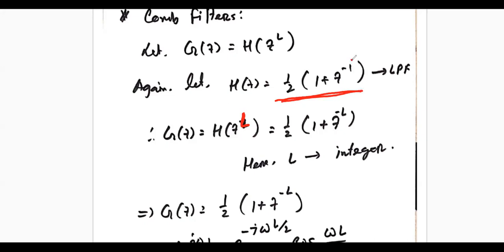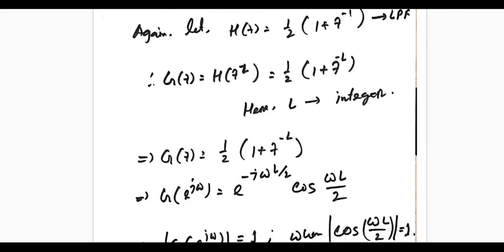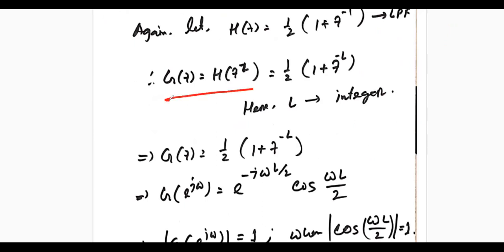Now the z is replaced with z to the power L, whole to the power minus 1. So it will be given as this. That is the filter. We have designed our comb filter.